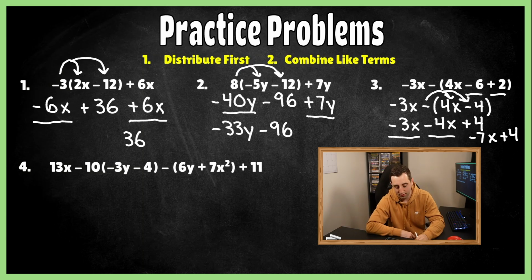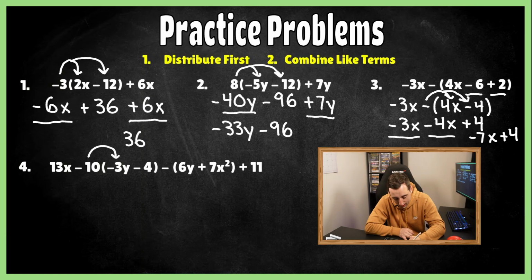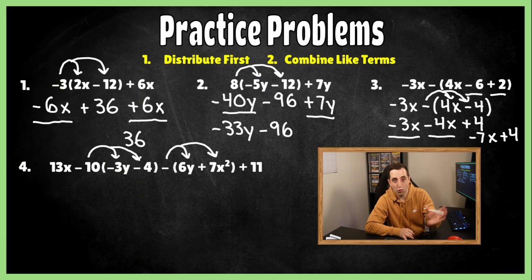And now we've got the very tough one at the end here, number 4. Let's see if we can simplify anything in the parentheses. It doesn't look like we can, but we are distributing twice, so we're going to do that all in one go here. So we have negative 10 times negative 3y, negative 10 times negative 4. Then we have negative 1 times 6y, negative 1 times 7x squared. Now let's write all this out.